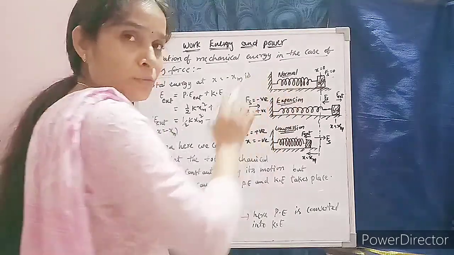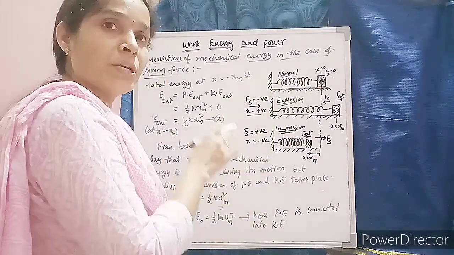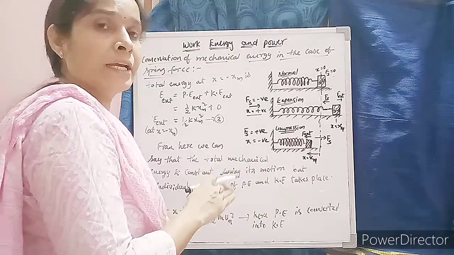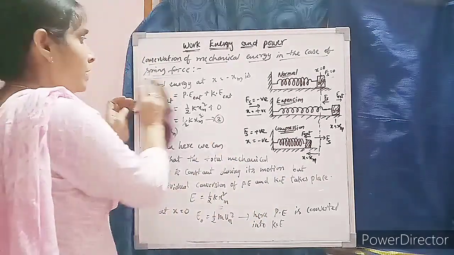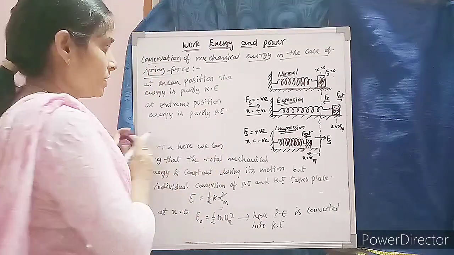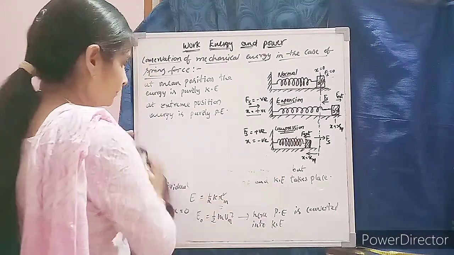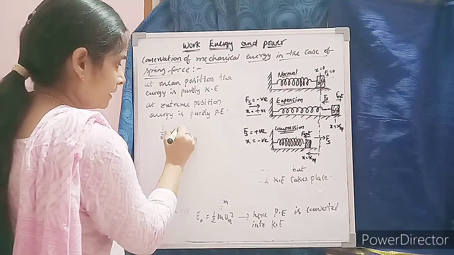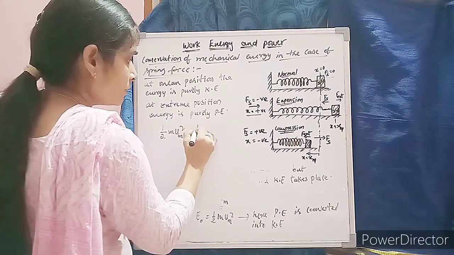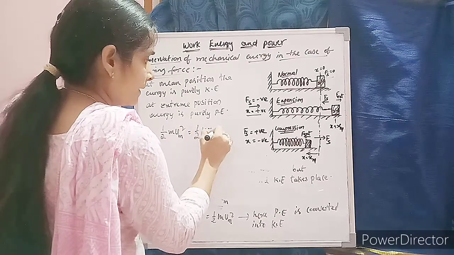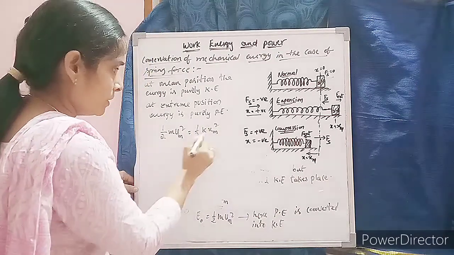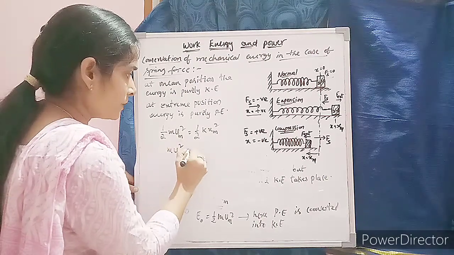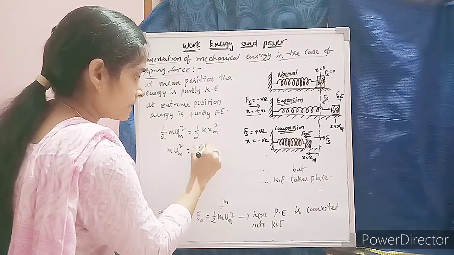So that is why at mean position the energy is purely kinetic energy, at extreme positions the energy is purely potential energy. And from here we have half m Vm square is equal to half k xm square. So here half cancels, m Vm square is equal to k xm square.